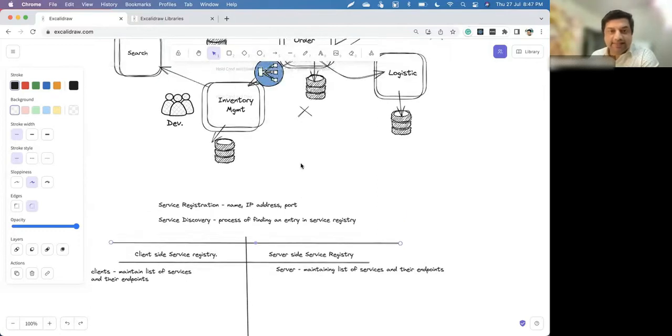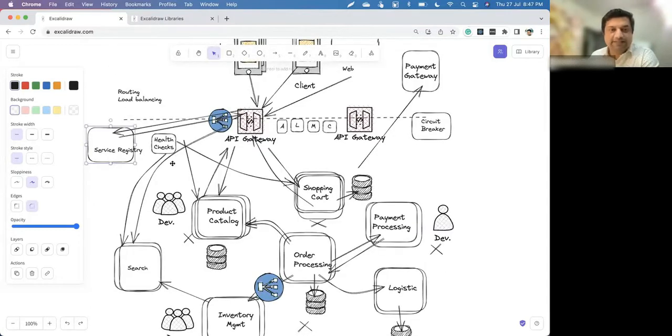In this case, we have a dedicated server which manages the service registrations and provides the location of all the services. So this is the server-side service registry, right? In the client-side service registry, what actually happens is there's no central service registry.